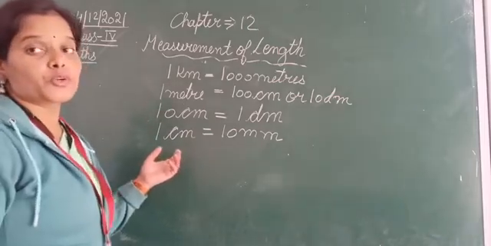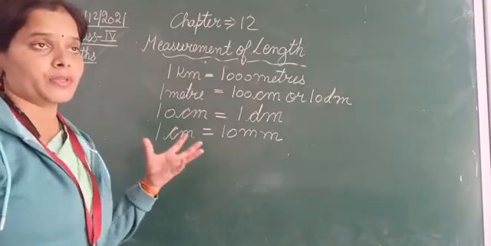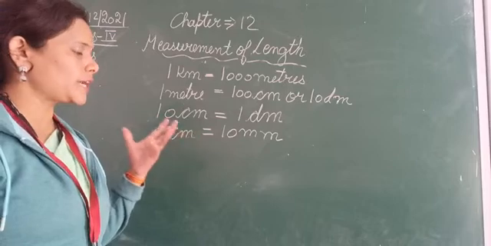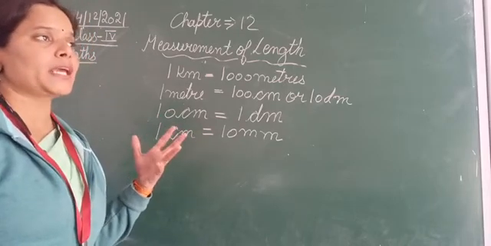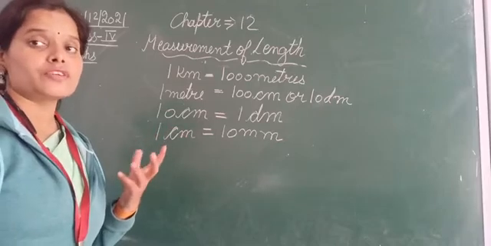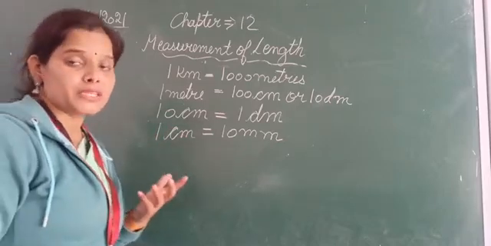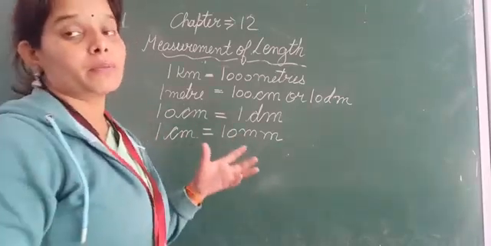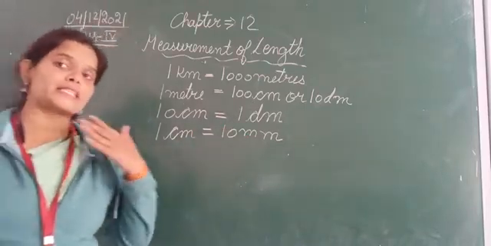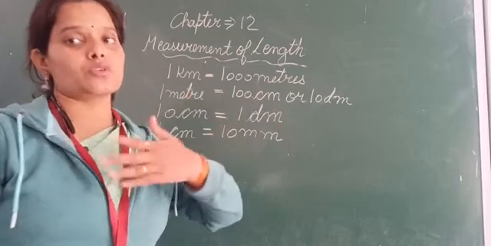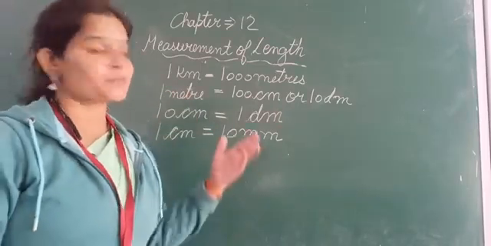Look, when we measure the size of anything, like if you're measuring the length of a ribbon, we generally measure it in meters. When we measure a distance, like how far Delhi is from here, we are going to measure it in kilometers.